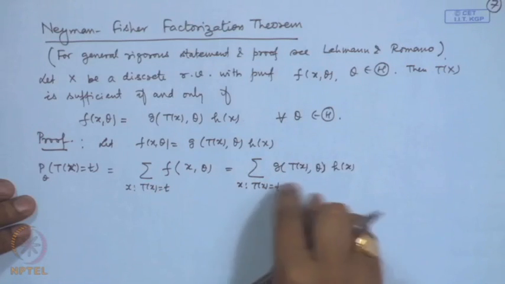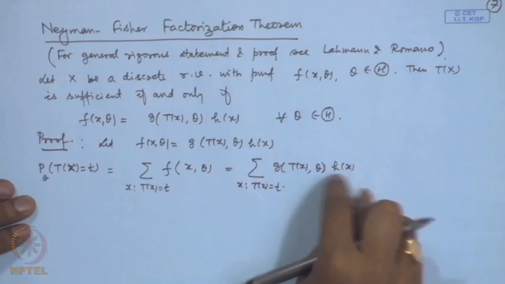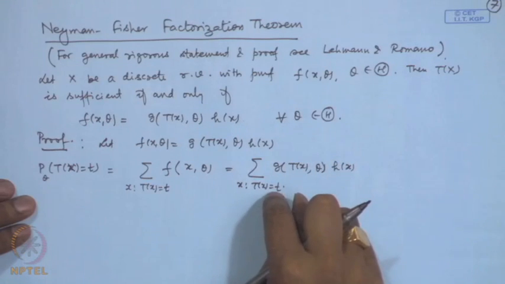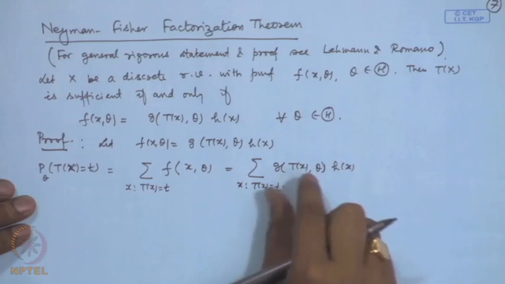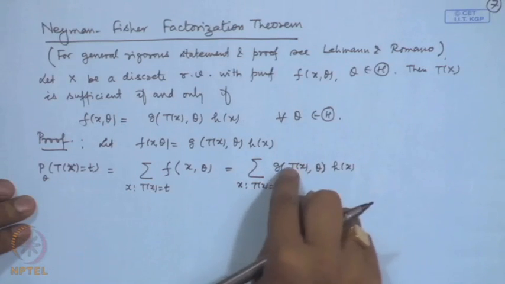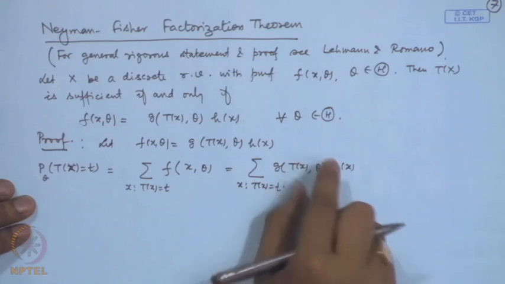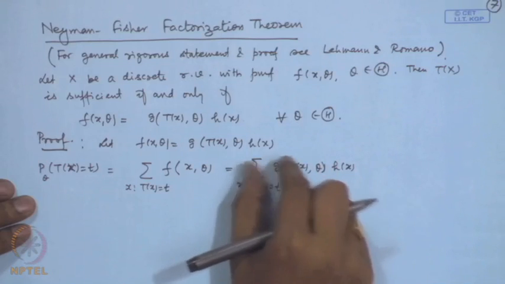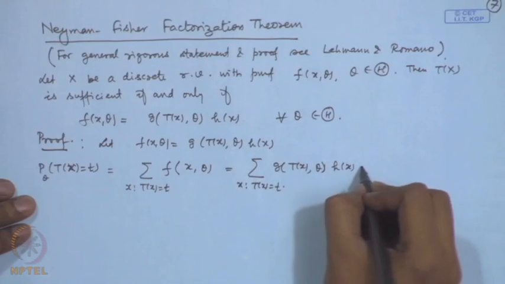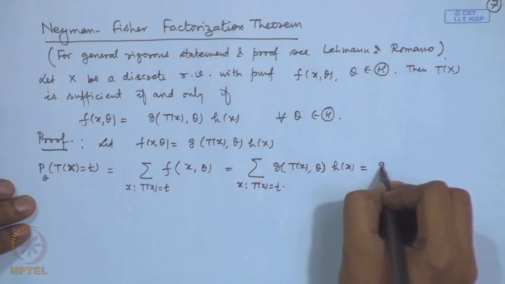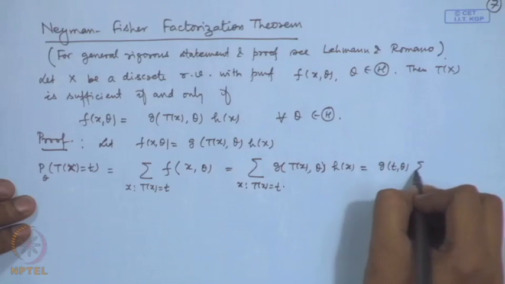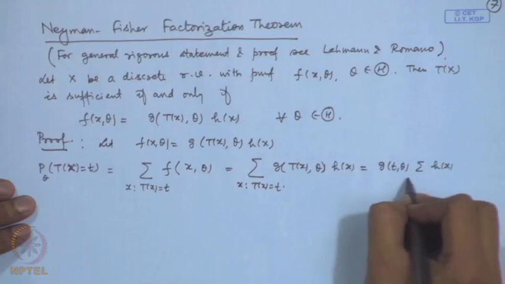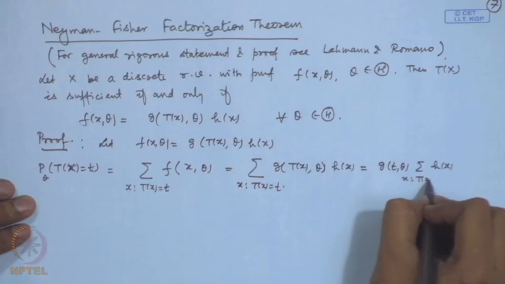Now, in the term h(x), this T(x) is equal to t condition is not coming, whereas here T(x) is equal to t will be true for all the values. So, this term can be taken out of the summation sign. This can be written as g(t, theta) sigma h(x) over x such that T(x) is equal to t.